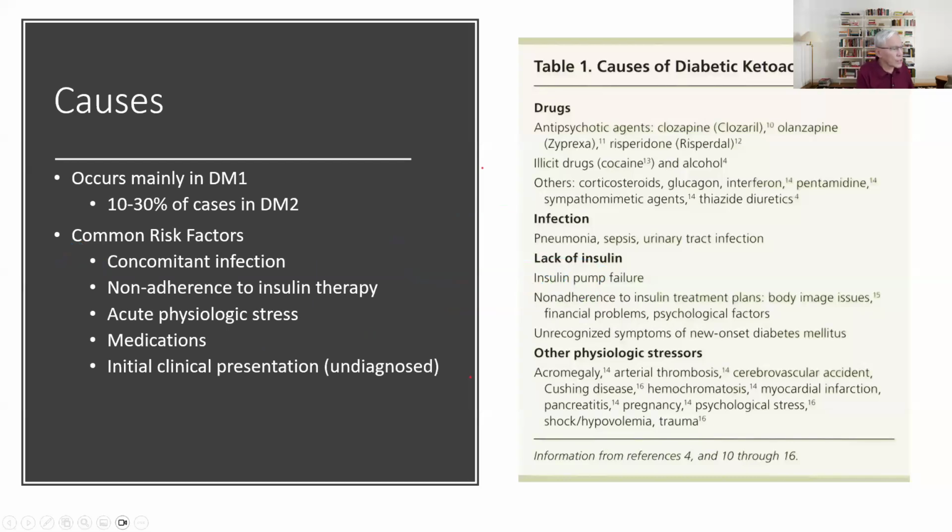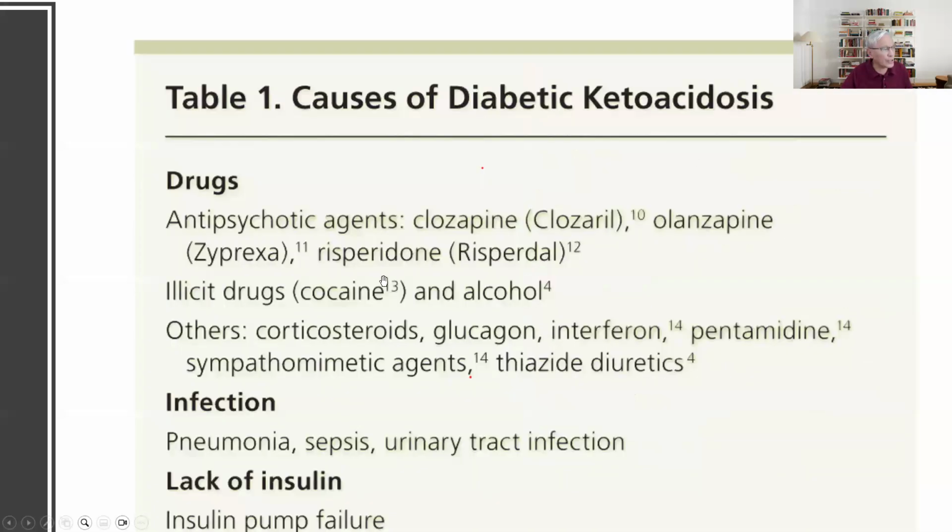Okay. So those drugs that are very commonly associated with your diabetic ketoacidosis are the antipsychotic agents, namely clozapine or Clozaril, olanzapine or Zyprexa, and risperidone. And we also know that cocaine and alcohol could do that.